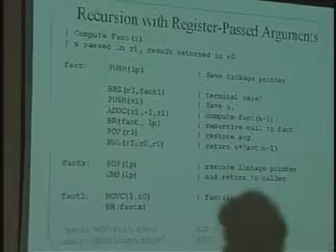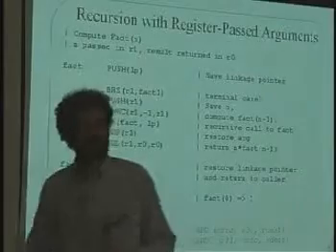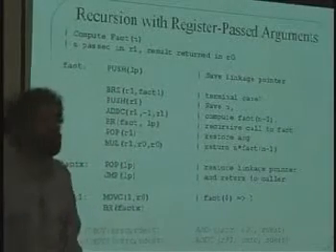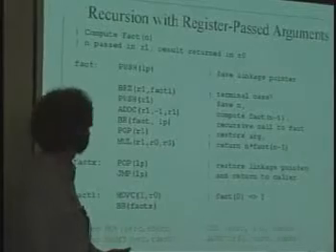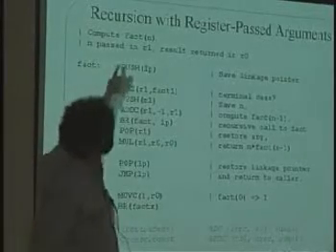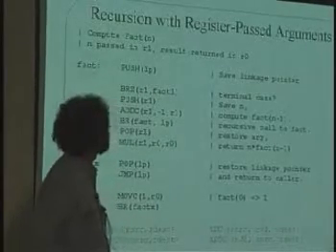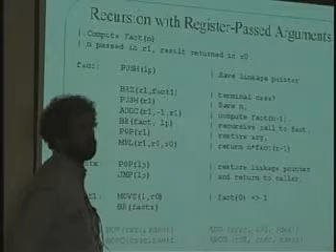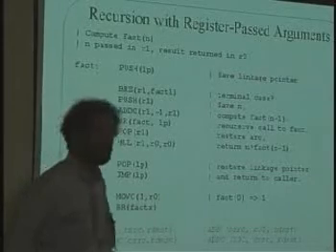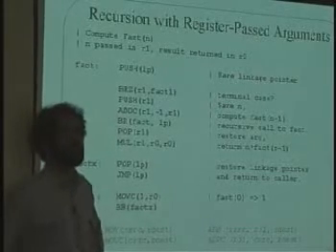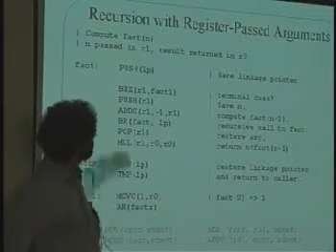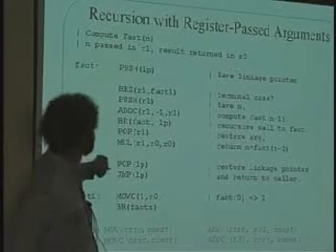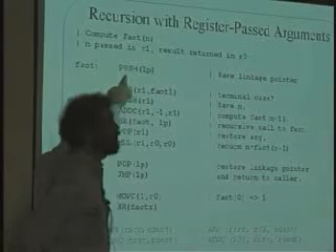So let's kind of go halfway. Let's assume that we're going to, again, pass the argument n in register R1, and return the result in register R0. So we're not talking yet about putting the arguments and the results on the stack. We're only going to put the linkage on the stack. The first thing we're going to do in our recursive factorial subroutine is save the linkage pointer.